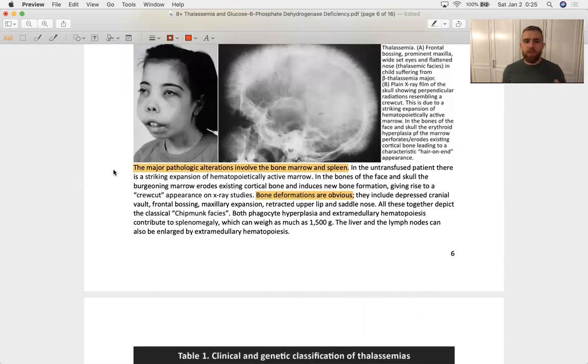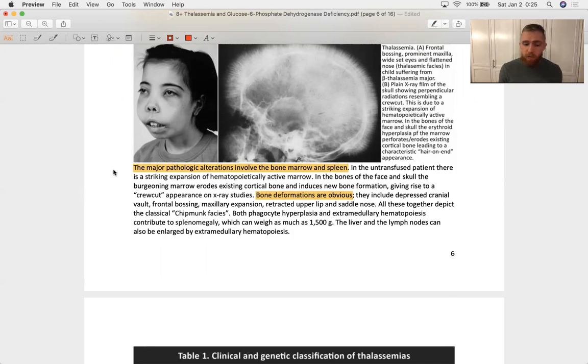Bone deformations are very obvious in patients with thal major, and that's accounted for by the degree of hematopoiesis taking place in the bones of the skull. If you're pumping out cells, you've literally got hyperplasia of the skull. So what's hyperplasia? An increase in the number of cells.